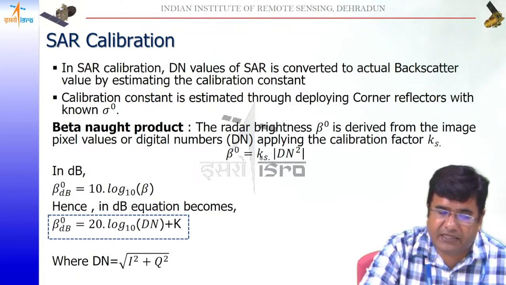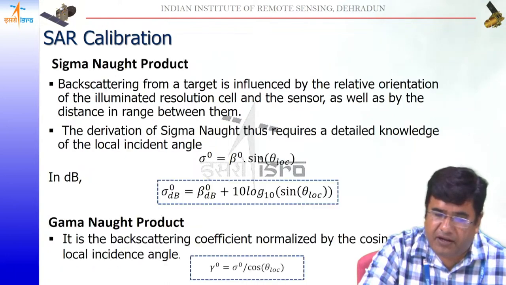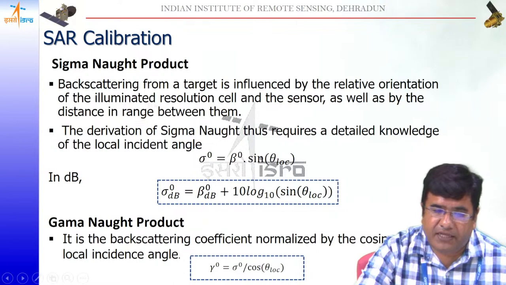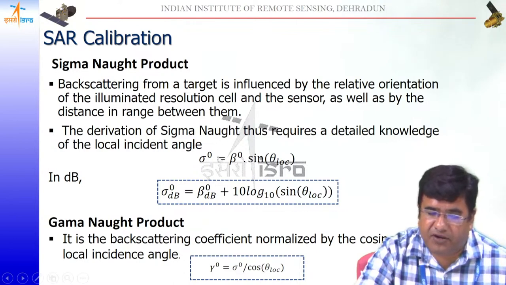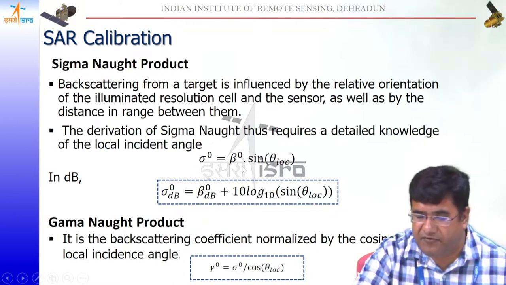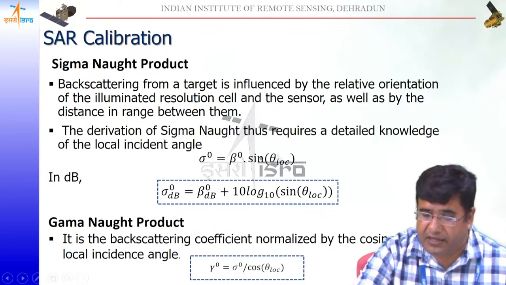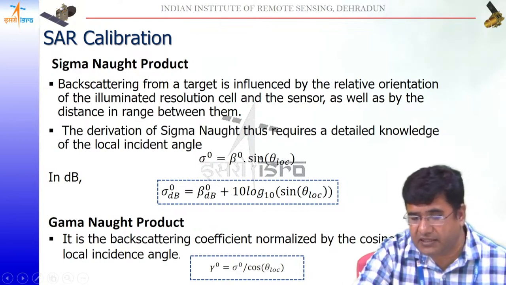So basically in SAR calibration we can generate three products: one is the beta naught product, one is sigma naught, and another is gamma naught. The sigma naught product is done if we assume a ground range image. The relationship between sigma naught and beta naught is that sigma naught equals beta naught times the sine of theta, the local incident angle.